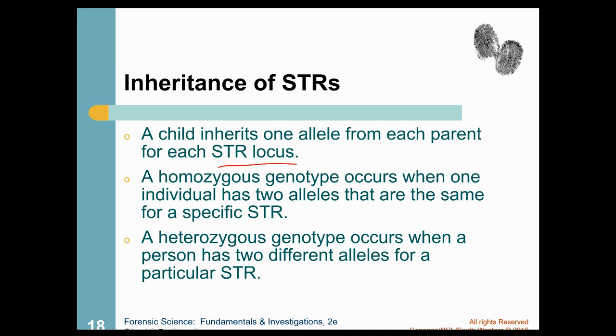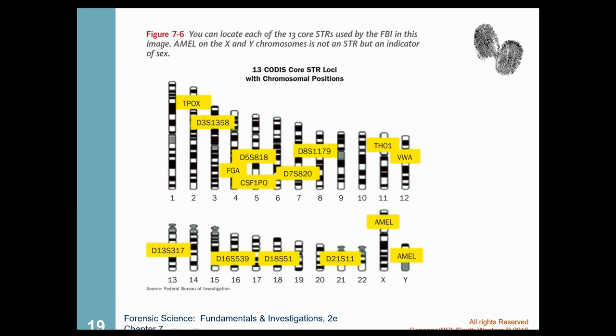So if you have two of the same things at STR number 2, then that would be homozygous, right? Because the prefix homo means the same, and the prefix hetero means different. So when you have two different alleles at a particular STR, that is heterozygous, and we'll have an example coming up of what an STR looks like.